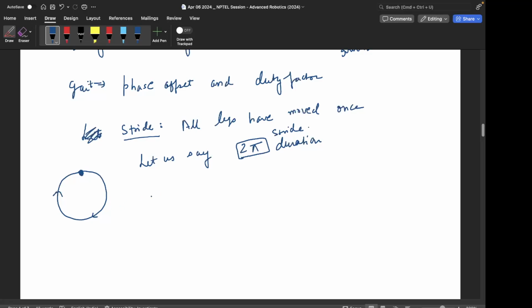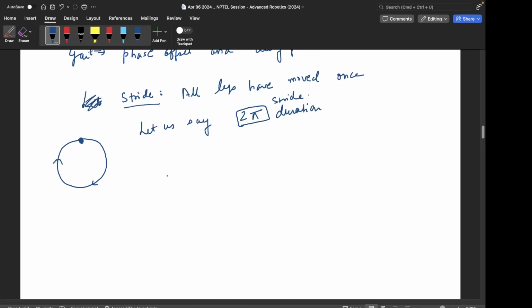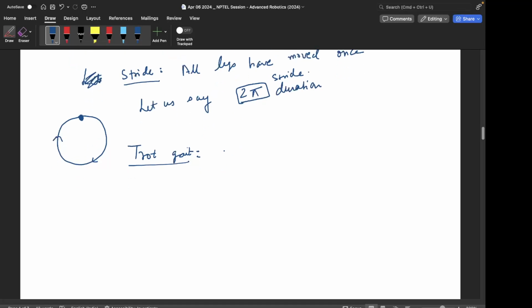So let me describe it using an example of a very simple gait called the trot gait. The key characteristic of the trot gait is that diagonally opposite legs move together.